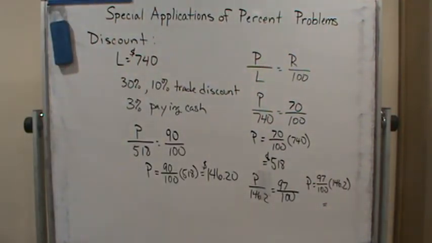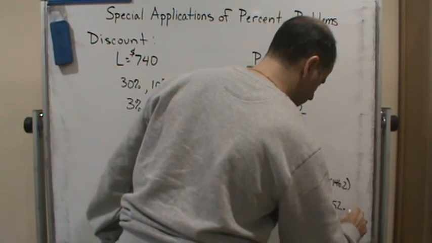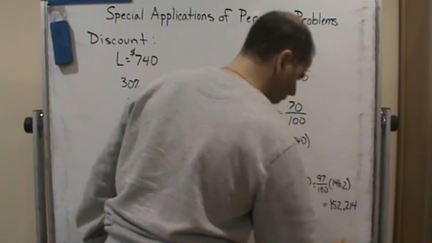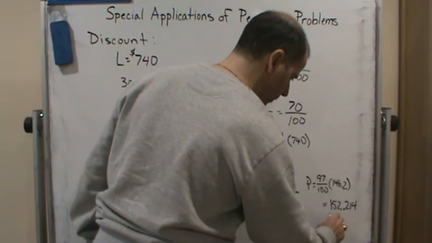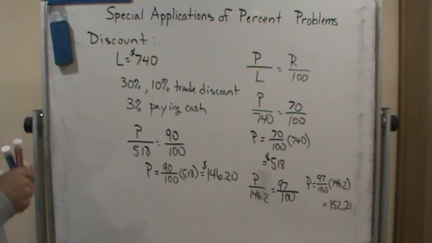If I use the calculator, you get 452.214, or to the nearest penny, it's just going to be $452.21. Okay, and you can do all that in your calculator. Okay, have a great day.